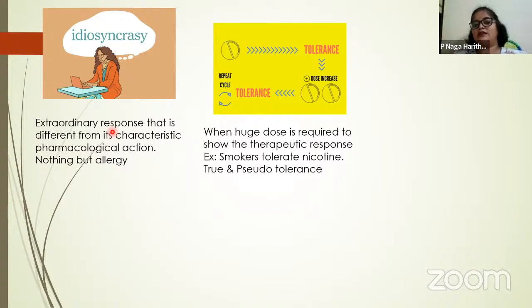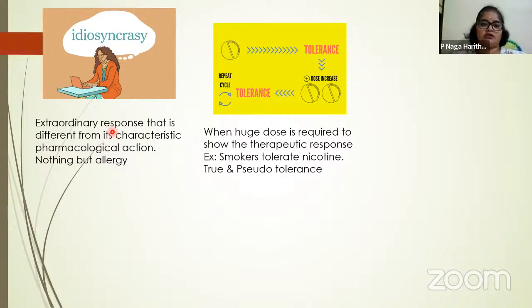Best examples are smokers who can tolerate nicotine. However much they smoke, the nicotine level would not be reached. And then alcohol. For people who are alcoholic, sedation may not go properly.